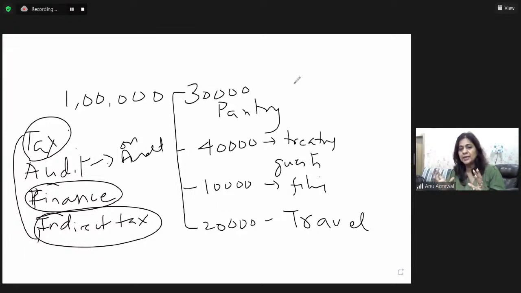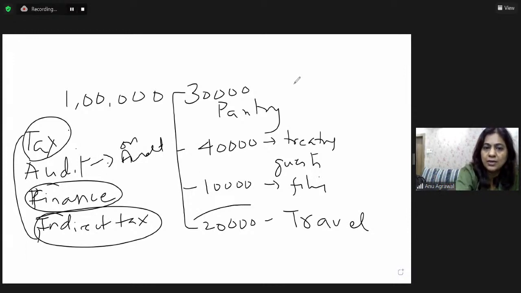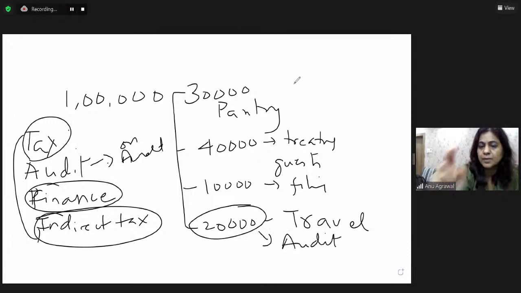So don't you think that if we are actually dividing these expenses, if no travel is done by any of these people, this whole travel expense should go to the audit guy? Because this audit guy is not using the pantry, or he's not into treating guests and all that stuff.